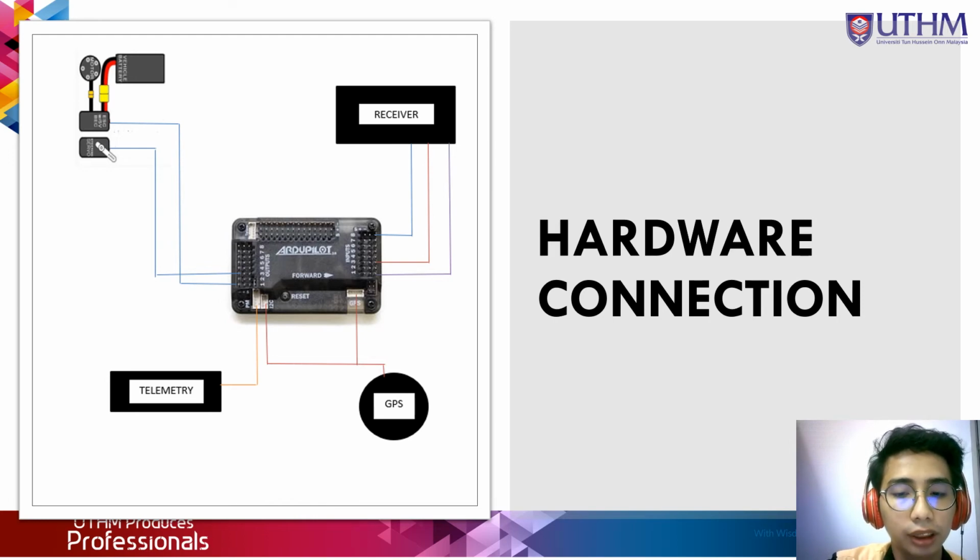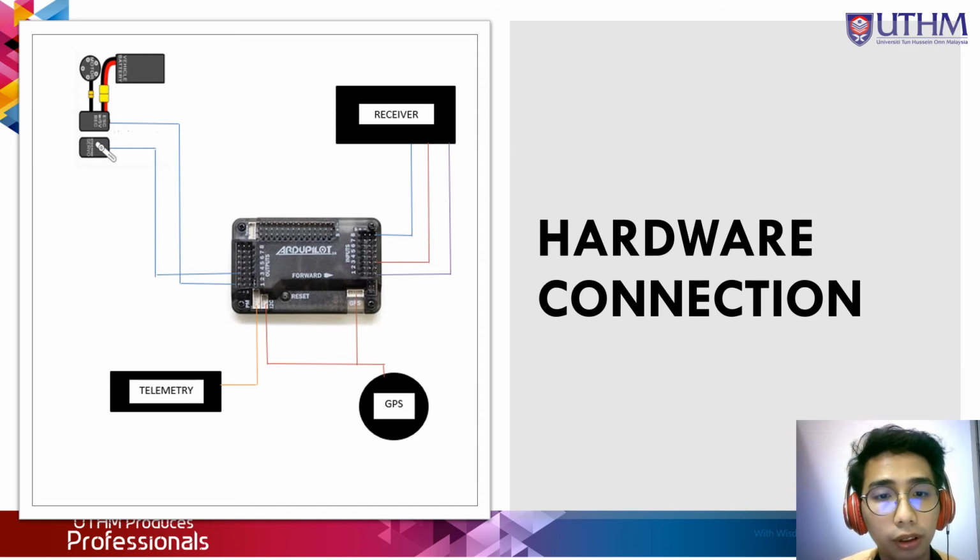And then the GPS module will be connected to the GPS port at the APM and also the I2C port. Meanwhile, the telemetry will be connected to the power port. As you know, the telemetry is the radio module for the telemetry kits.